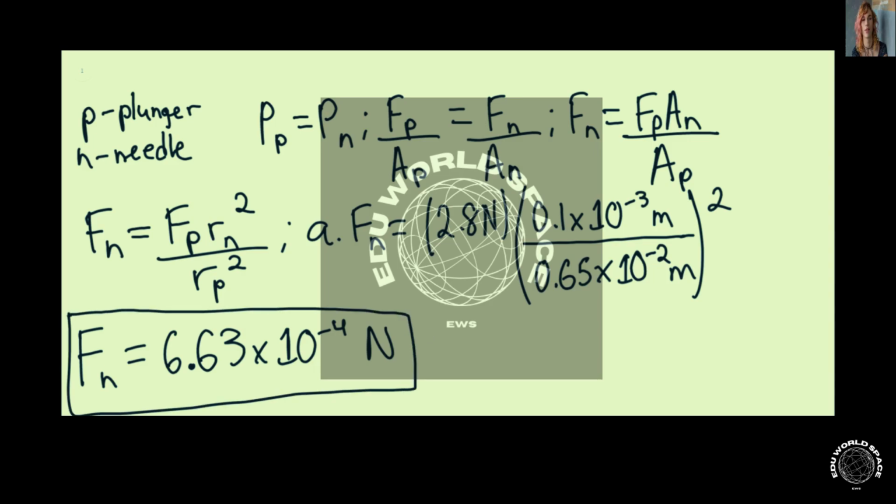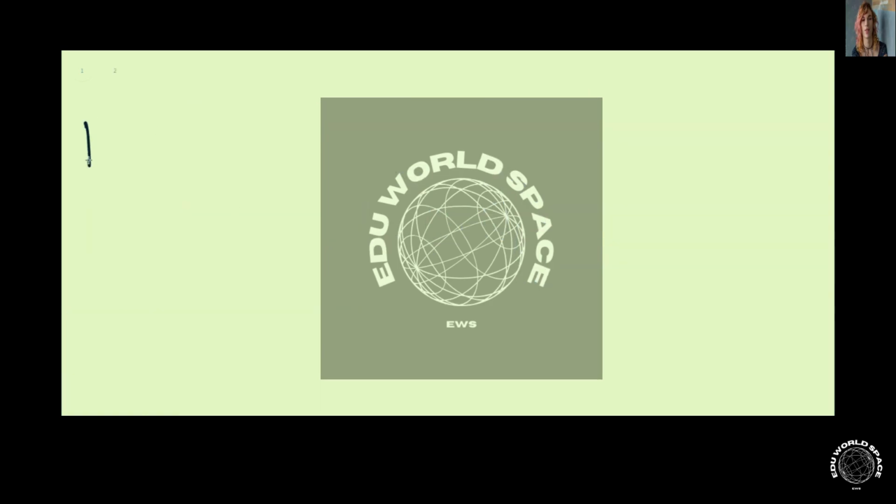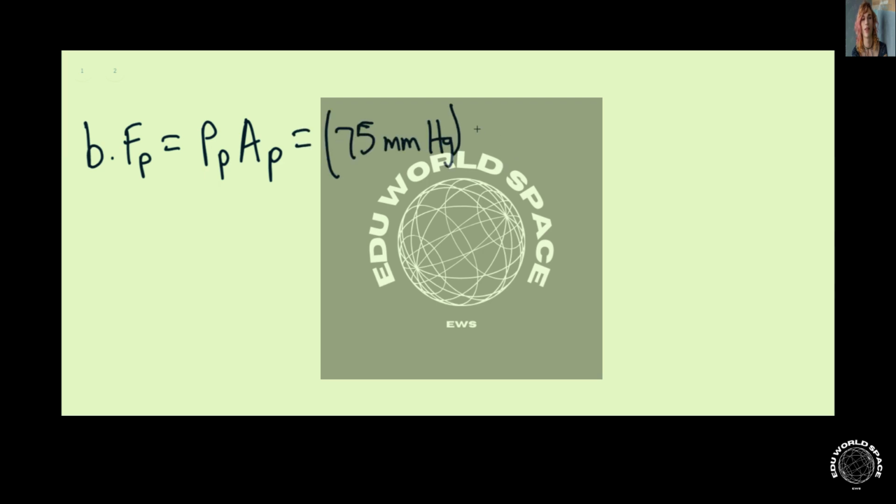Now, to part B, we want to find the force in the plunger. This would be equal to the pressure in the plunger times the cross-sectional area of the plunger. This would be equal to 75 millimeters of mercury times 133 pascals for every millimeter of mercury, times the cross-sectional area.